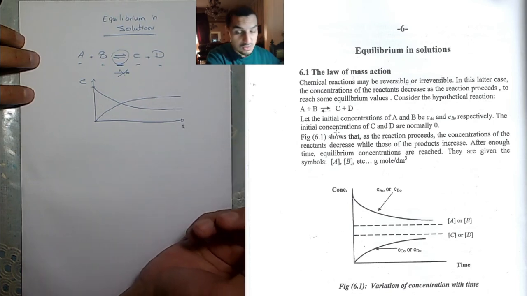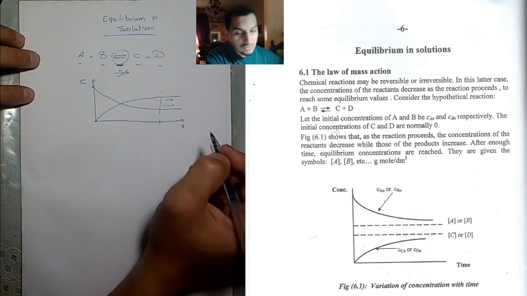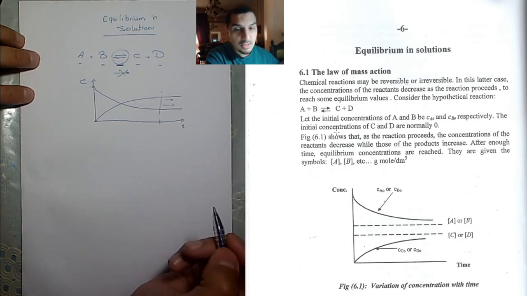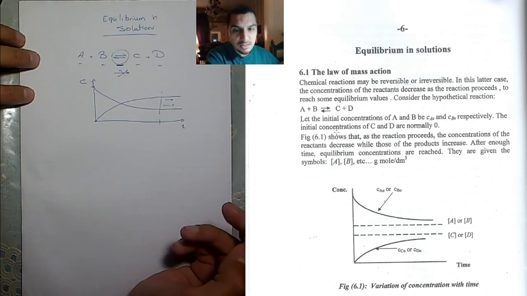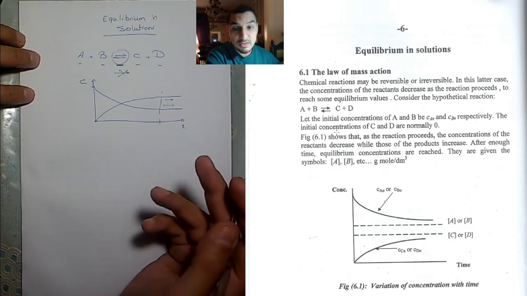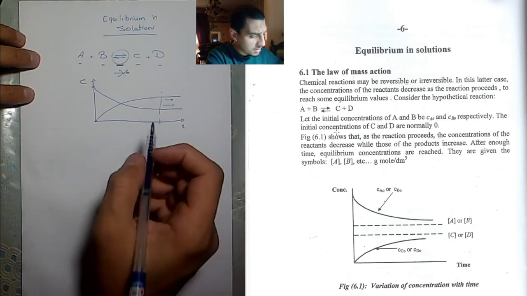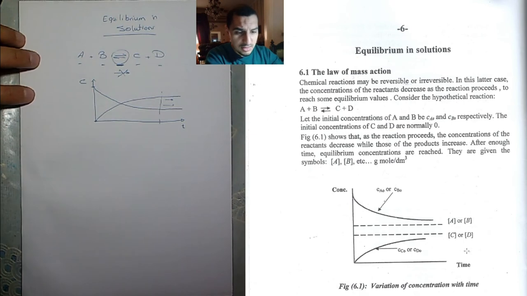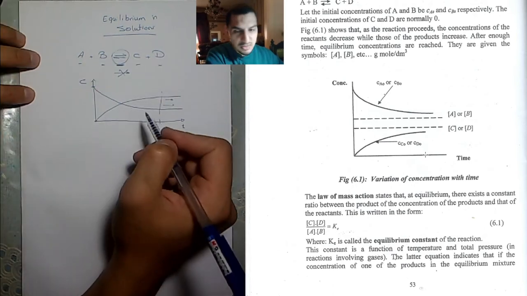They don't change with time. From this point, the concentrations do not change as time increases, which means that the reaction has reached what we would expect to be its end. The curves can take this shape or this shape, whatever shape, it doesn't matter. This overlap doesn't make any problem.